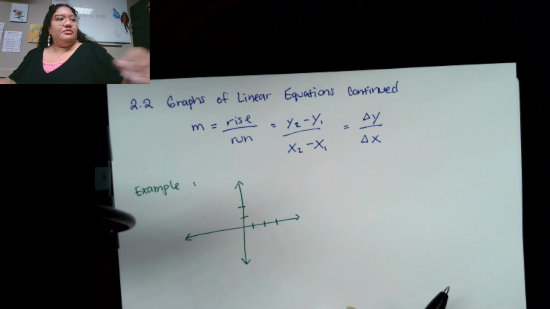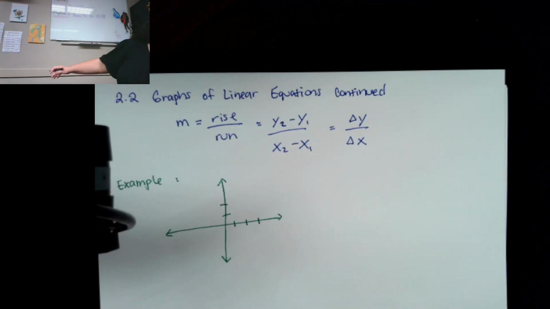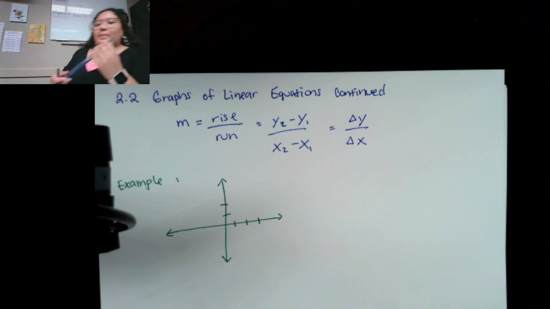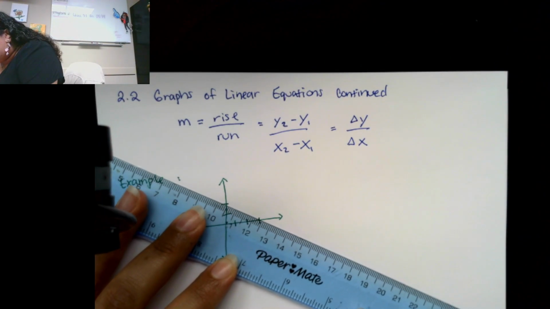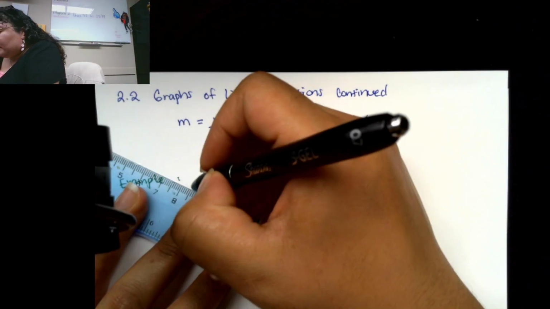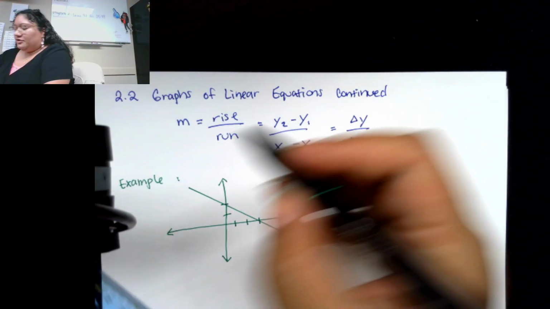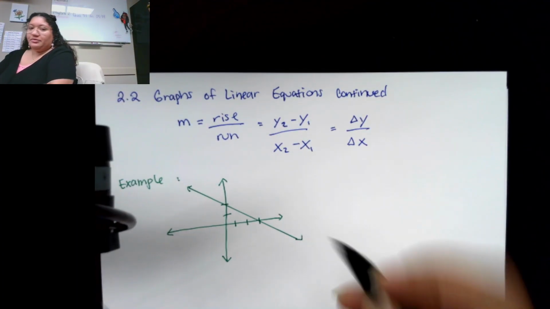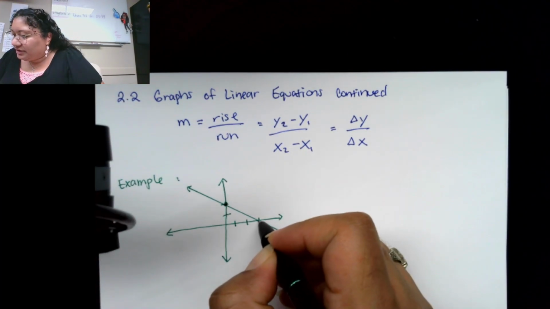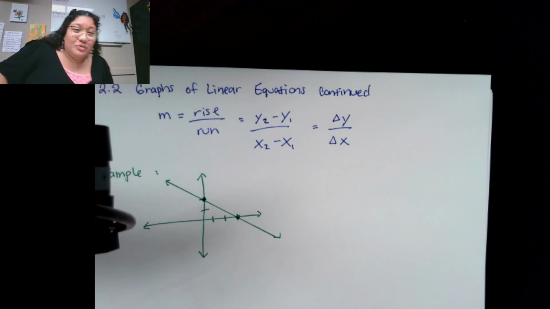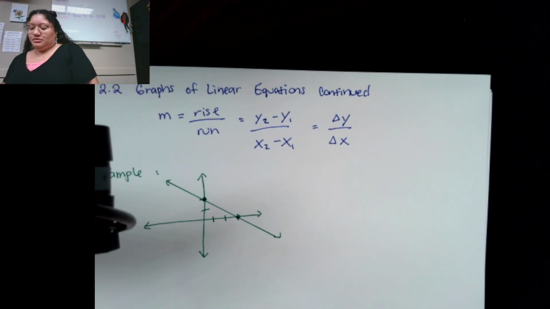And within my graph, let me see if I can get my ruler. So I have this line on my graph. I clearly have these 2 points labeled. What are those 2 points called? Does anyone know?